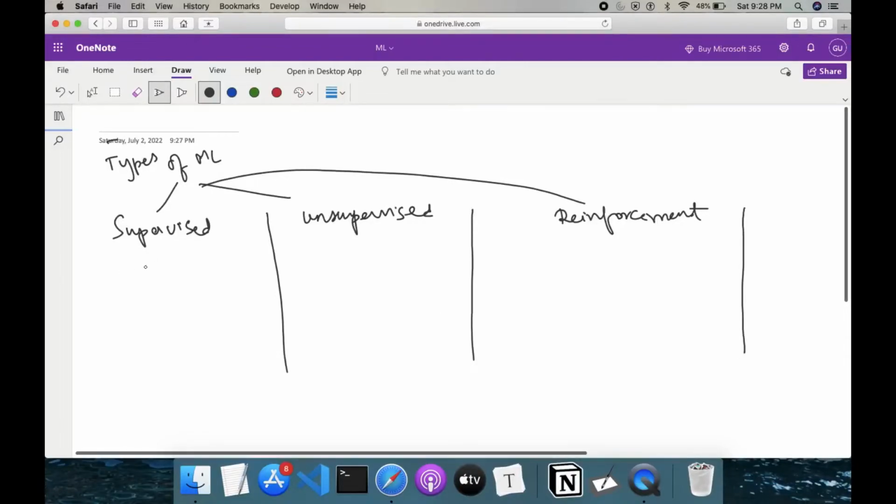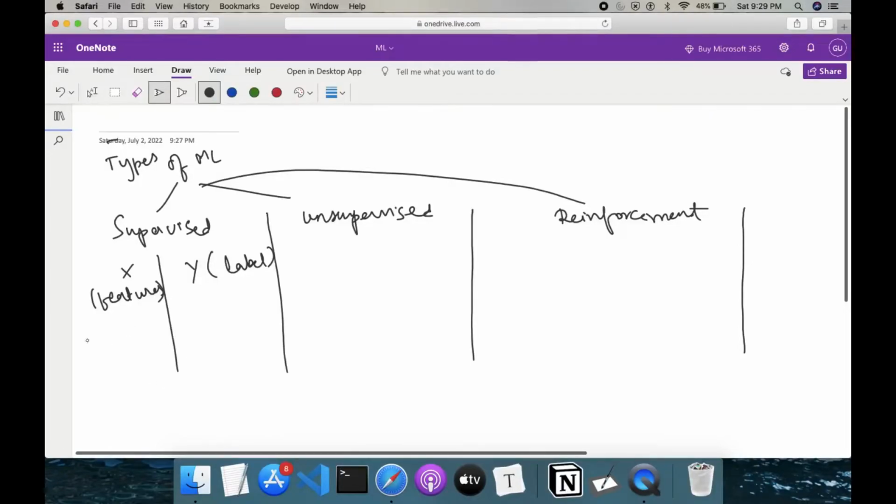Supervised learning is one of the simplest ways to build a model. Consider you have good quality data. For supervised learning, you have a data set, meaning you have features and you also have labels. So what are features?